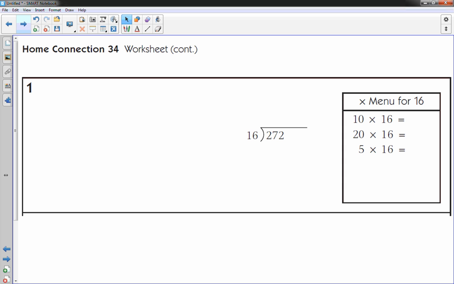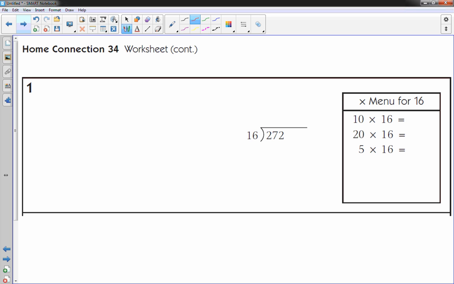So problem 1, this is from Home Connection 34, by the way. I have 272, and I'm going to divide it by 16. What we're practicing is, over here on the right, we have a multiplication menu for the 16.